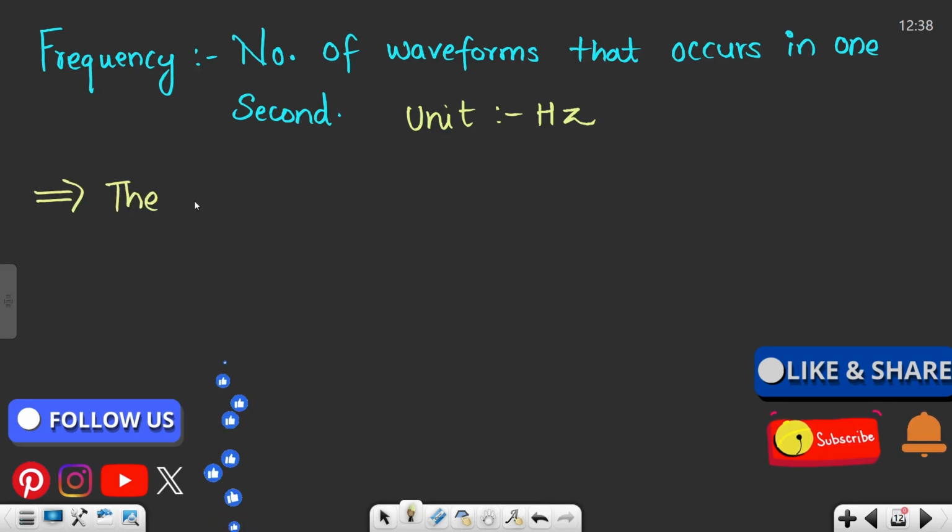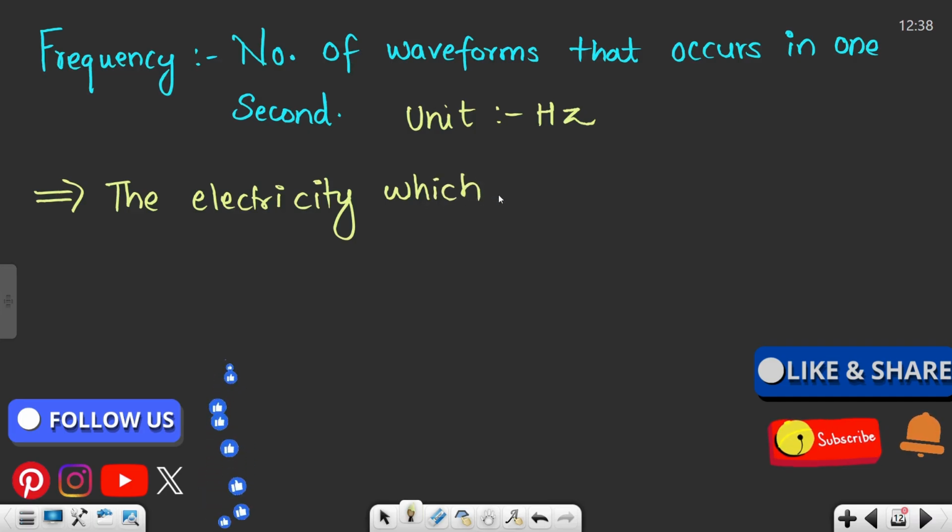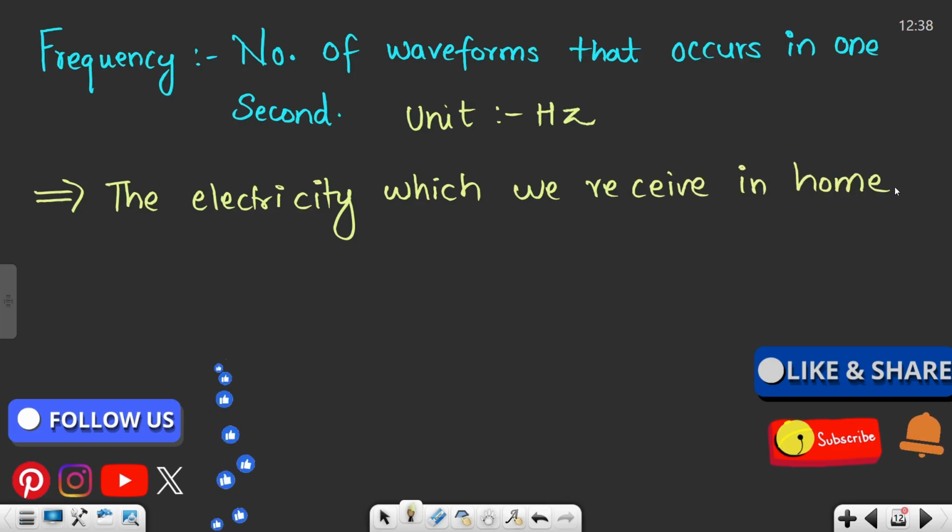The electricity which we receive in our homes has an AC voltage of around 240 volts.